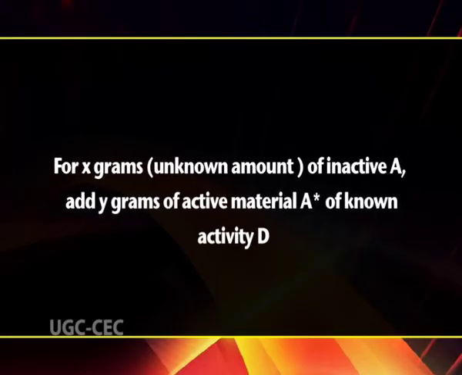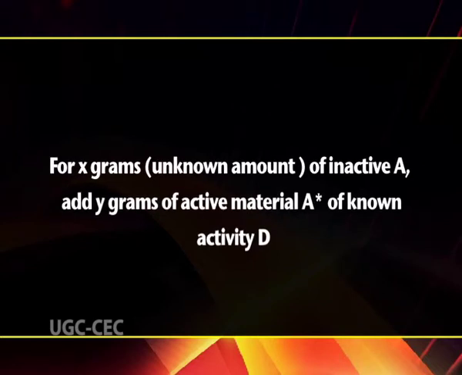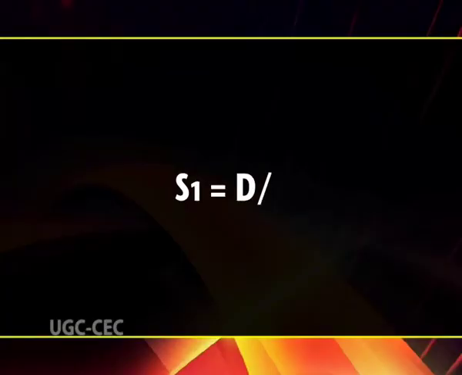In direct method, we are faced with the problem of determining the amount of some inactive material A in a system. Let us define this unknown amount as x grams. To the system containing x grams of inactive A, we add y grams of active material A asterisk of known activity D. Thus, we know the specific activity of the added active material S1, that is S1 is equal to D by y.